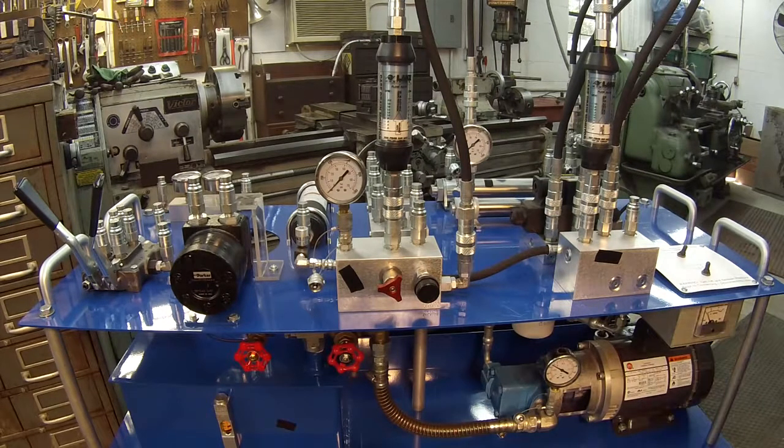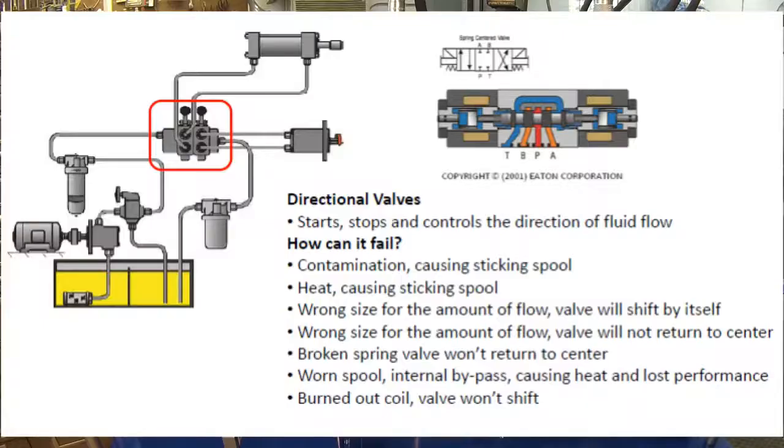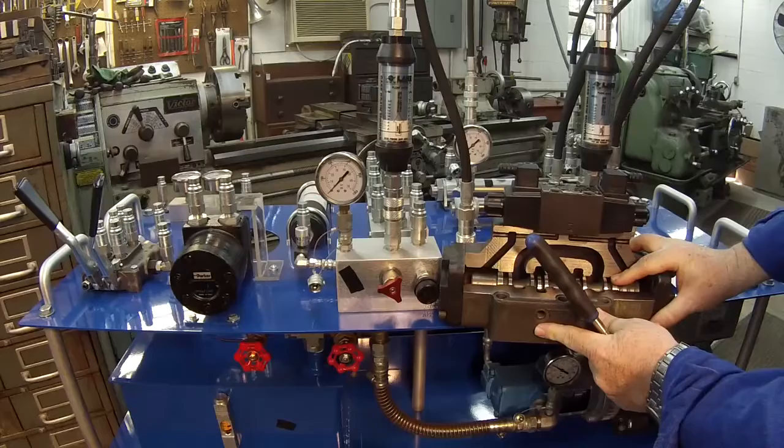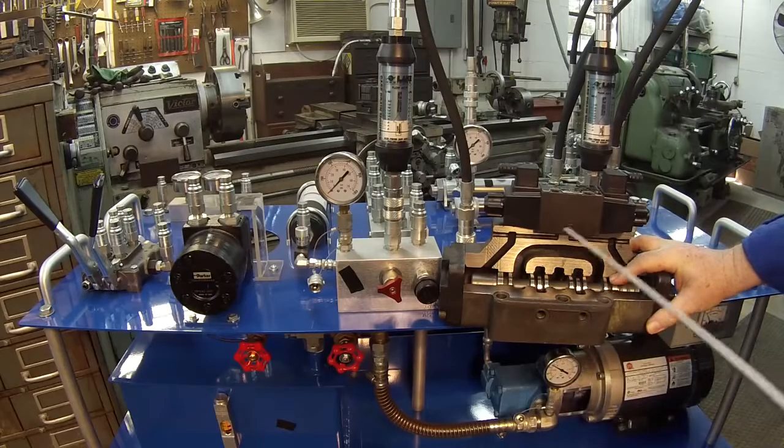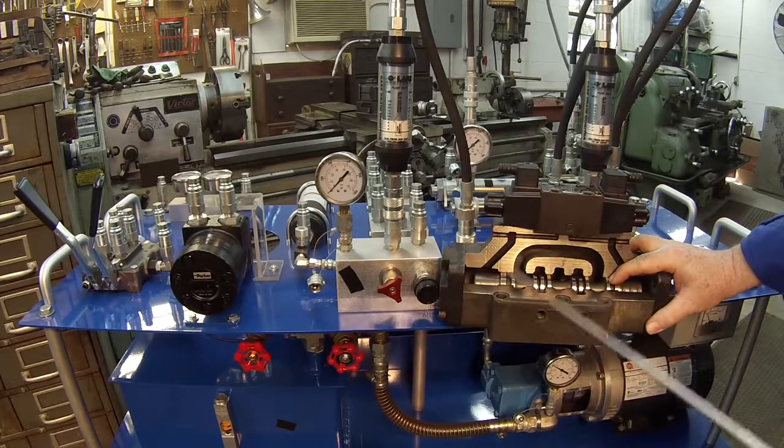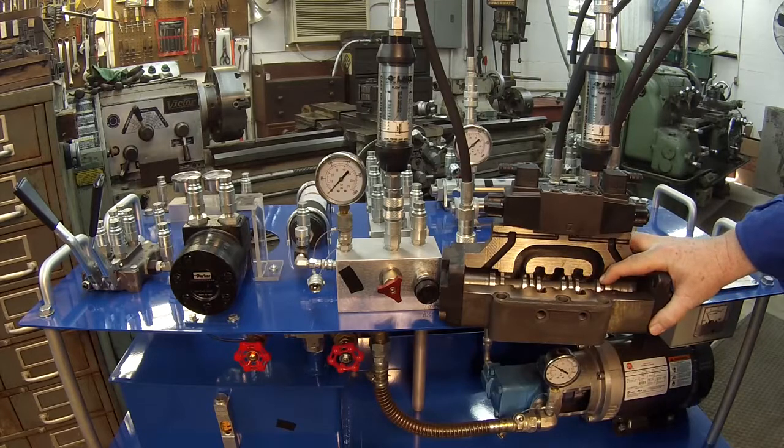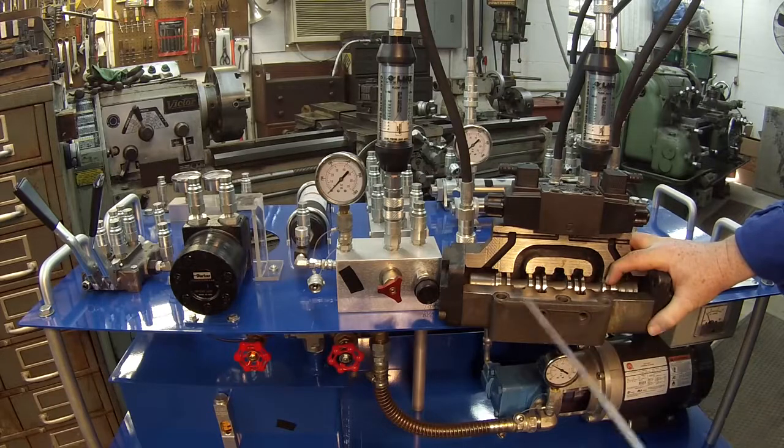The next component we talked about is your directional valve. Here's a nice little demonstration of how a directional valve works. You energize the coil on either end of this spool, and it has a push pin that pushes the spool over to the left or to the right. And as I mentioned earlier, here's your pressure port, here's your A port, your B port, and then your tank ports are on either end right here and here.